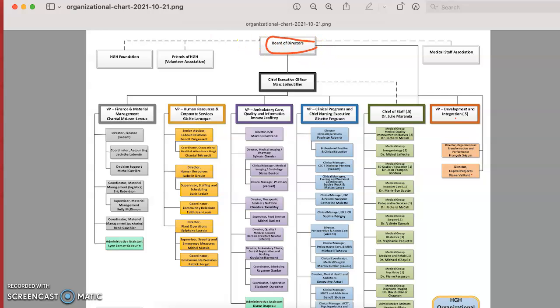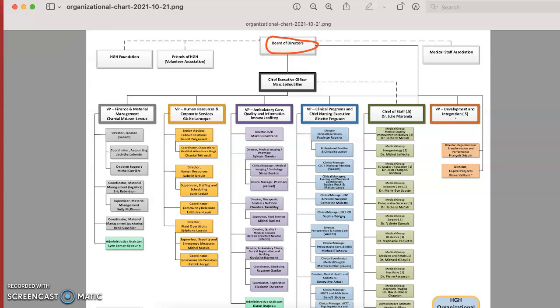The board is in charge of the hospital as a whole. Sometimes if it's a city-run hospital, the city appoints a board, or if it's a large organization, for example, like Providence, potentially a board is brought on through a process of hiring experts in the field to oversee pretty much the structure of healthcare.